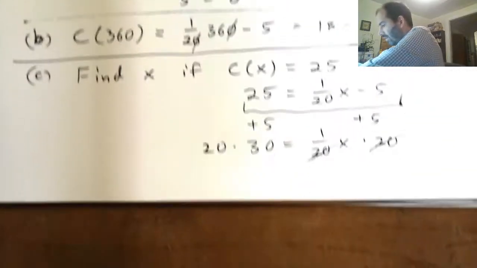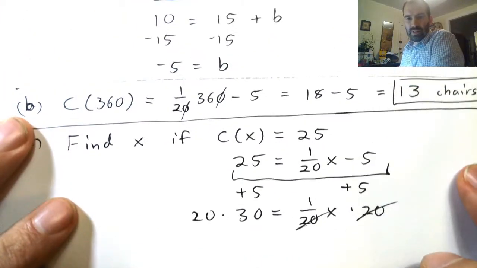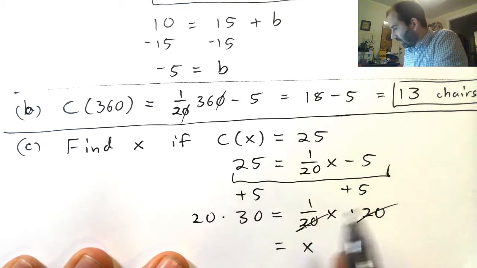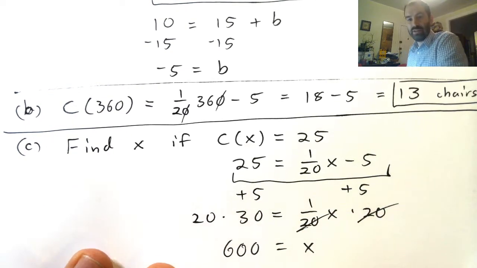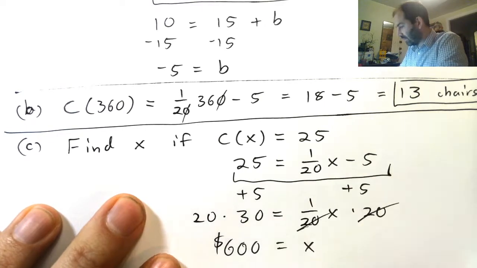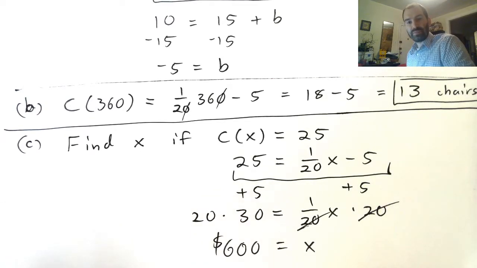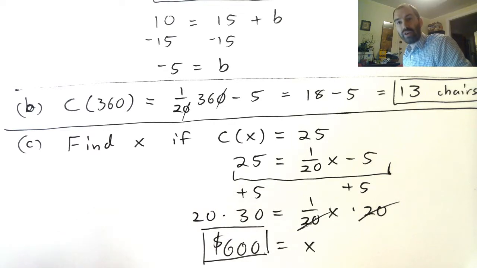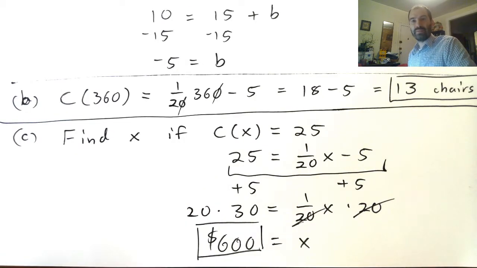So x equals 20 times 30, which is 600. 600 what? x is measuring dollars. So if you want her to produce 25 chairs, you have to pay her 600 bucks.